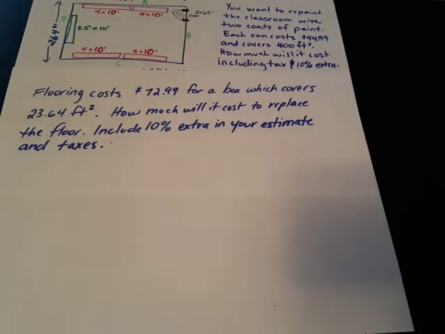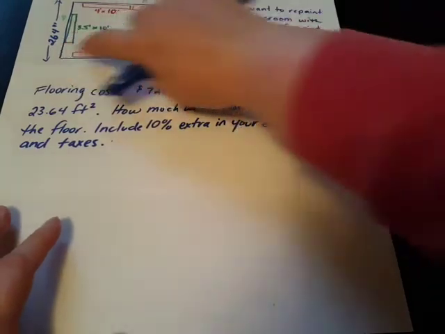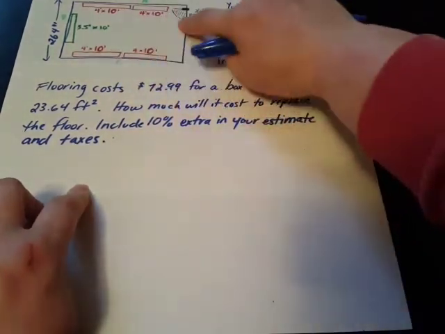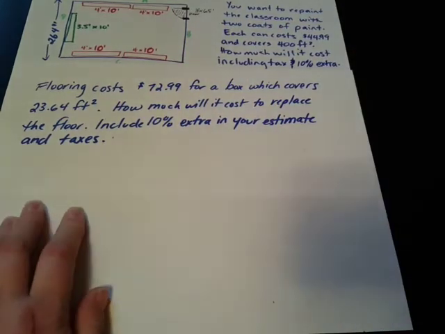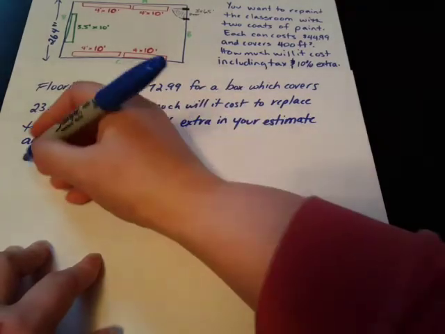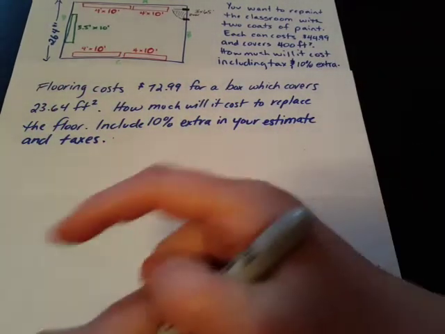So previously we were looking at the areas of the walls, each of the 4 walls, but in terms of flooring, we'll look at the area of the whole space, just on the ground. So we're going to need to calculate the total area of the floor. Let's get a different marker.